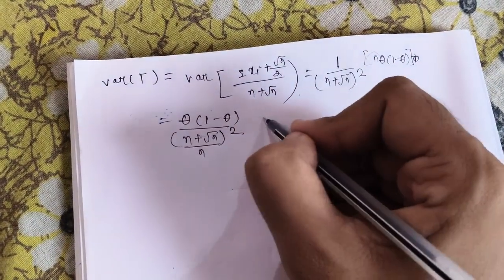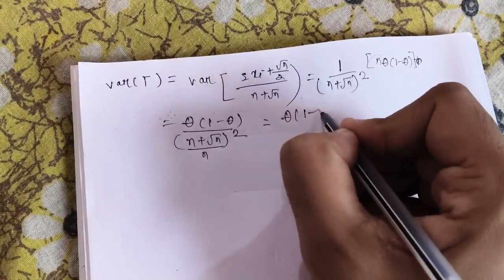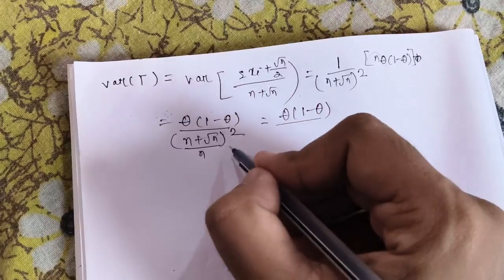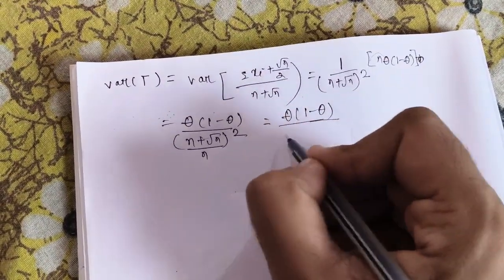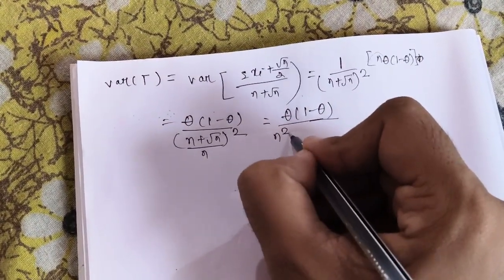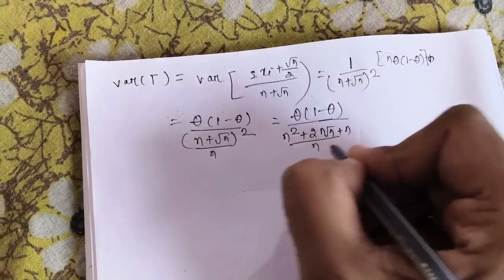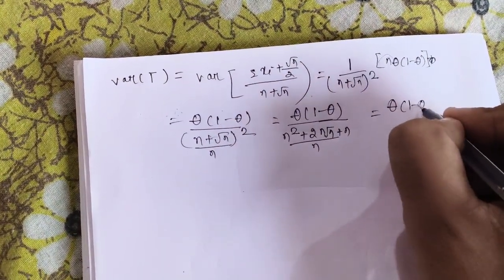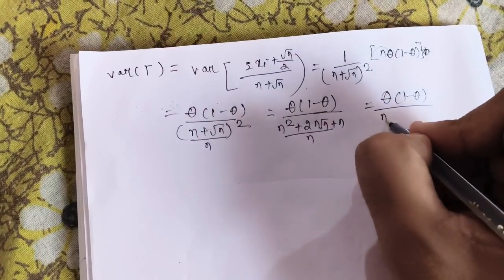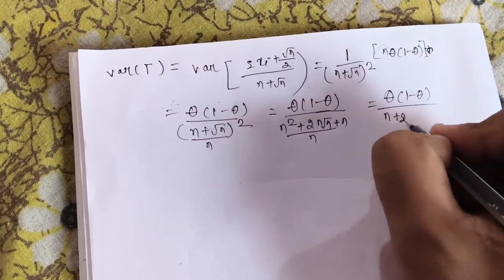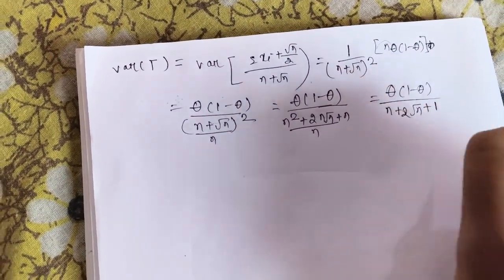Squaring, this is theta into 1 minus theta divided by (n plus 2 root n plus 1).